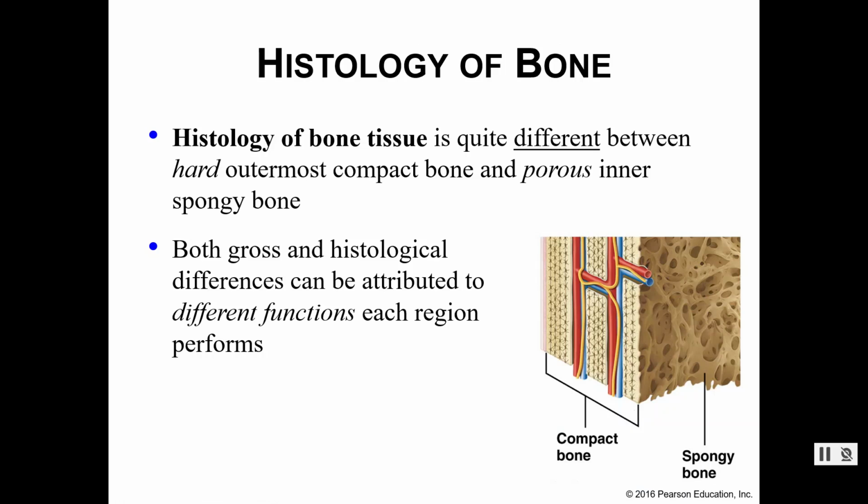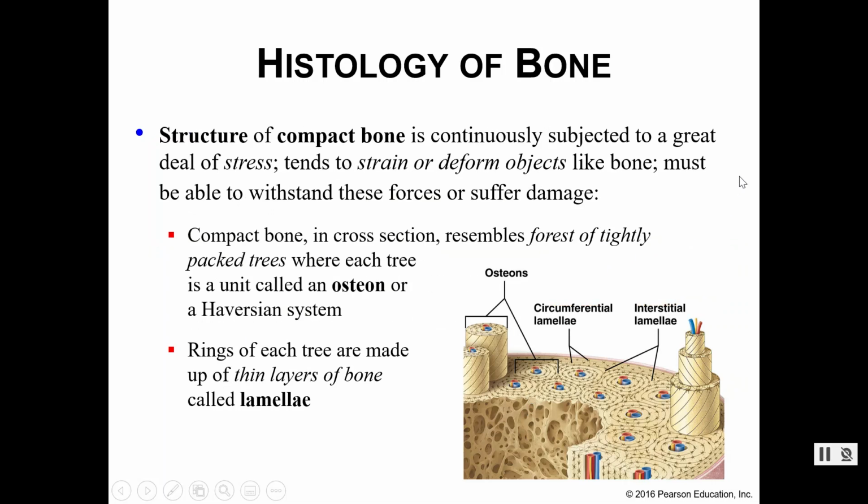Now, the histology of the compact bone tissue looks quite a bit different than the histology of spongy bone tissue. And the different histological components really lend themselves to the different functions that we see for the compact and the spongy bone that we've already mentioned. So compact bone is the part of the bone that is continuously subjected to lots of stress, lots of strain, lots of compressive forces.